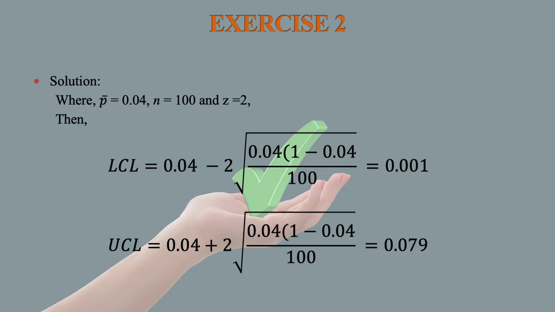So if you put all these values in the expressions for the lower control limit as well as the upper control limit, you will be able to calculate LCL. But for this problem, you will get the value of LCL is equal to 0.001 and UCL is equal to 0.79.